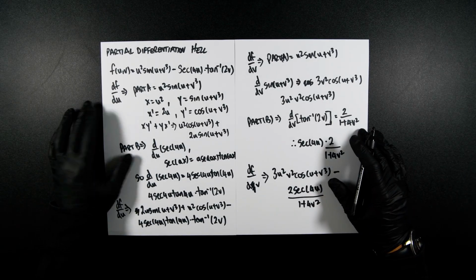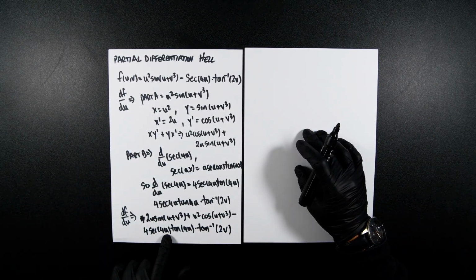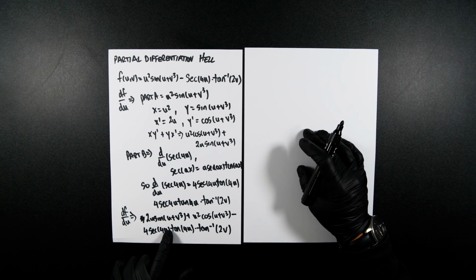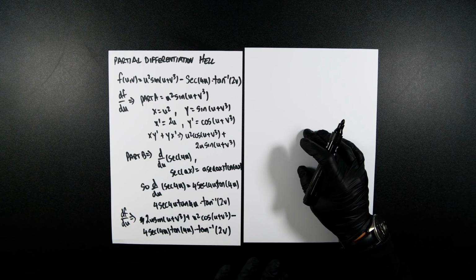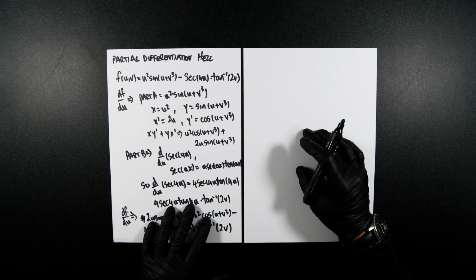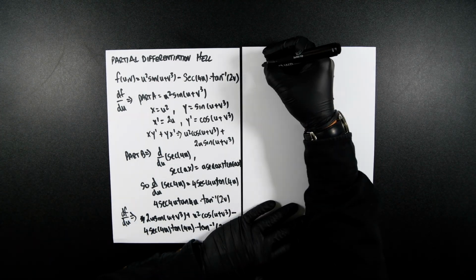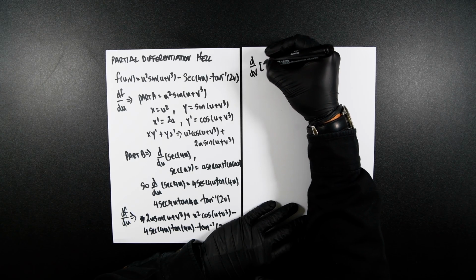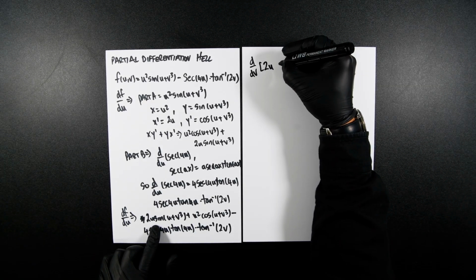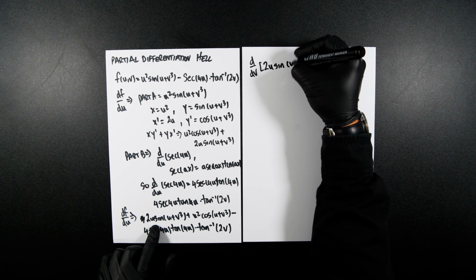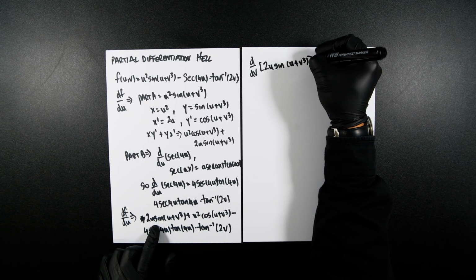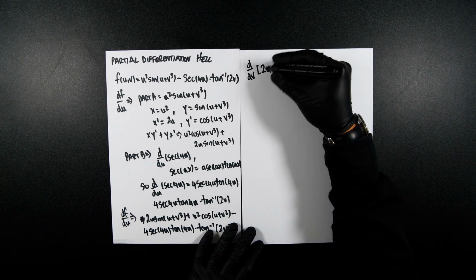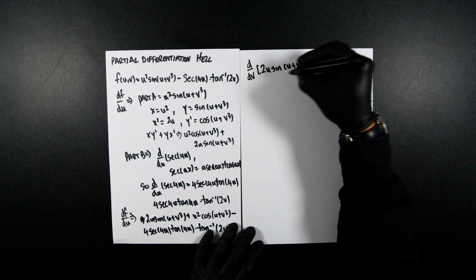Now we're going to do d squared f/du dv. We're going to need this solution. So what we're going to do is take this solution, and we're now going to differentiate this with just respect to v. So we're going to hold constant anything that has a u term in it. So if we do d/dv of, let's say, 2u sine(u plus v cubed), we're going to ignore the 2u here, just differentiate this with respect to v.